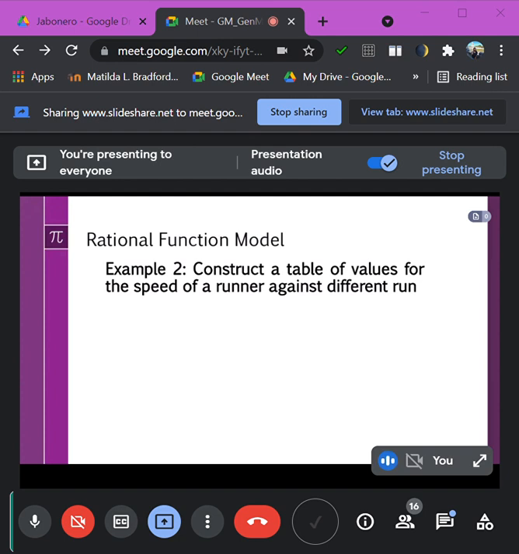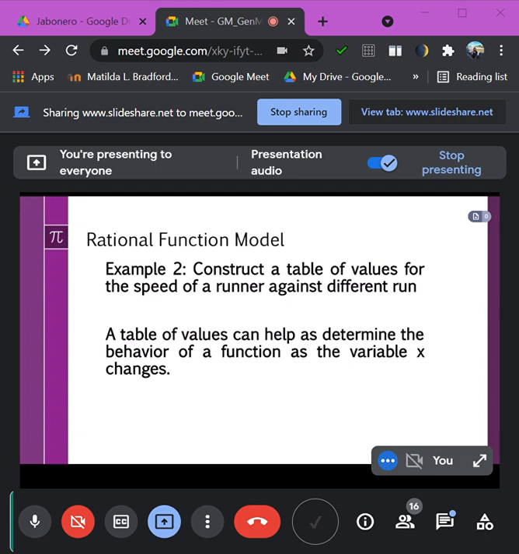So we have here a table of values for the speed of a runner against different run times. A table of values can help us determine the behavior of a function as the x changes. As we said, x is what we substitute into our rational function, so that we know what changes happen, what form it takes if the value of x changes.